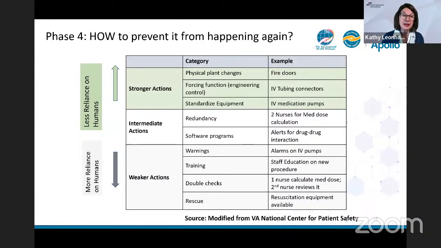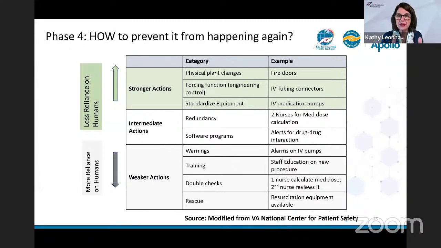That is a known, huge, high risk: do not give it intrathecally. He's had training. He knows. He doesn't need more education on that medication. What he needed was some type of forcing function that wouldn't allow him to make that simple mistake, that error. And some of those intermediate actions are things we talked about, like having 2 staff calculating the med dose or reviewing it.